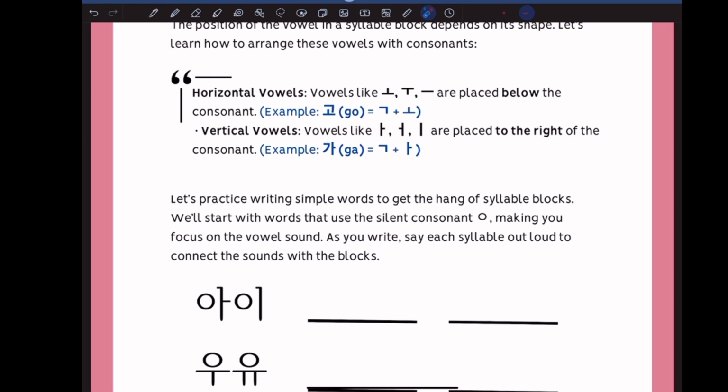So for example, these are the ones that are placed below. As you can see in this example over here, it's pronounced as go. So the go sound is the combination of the consonant g with the vowel o.